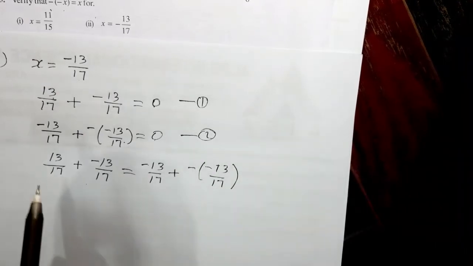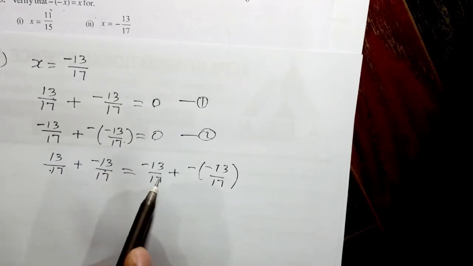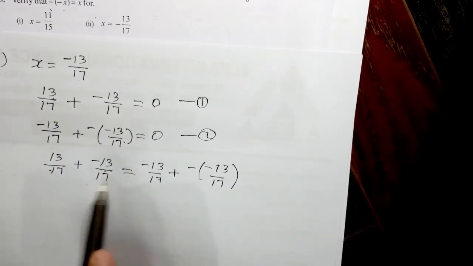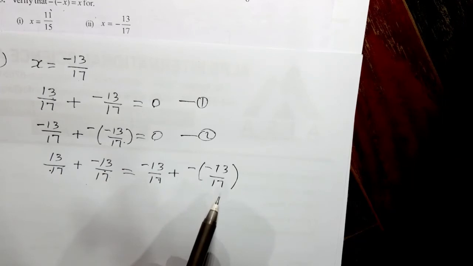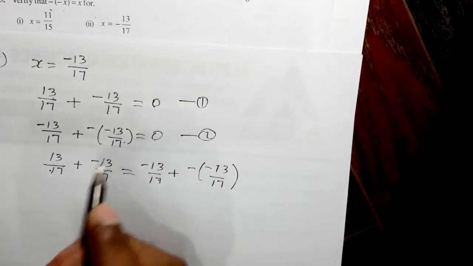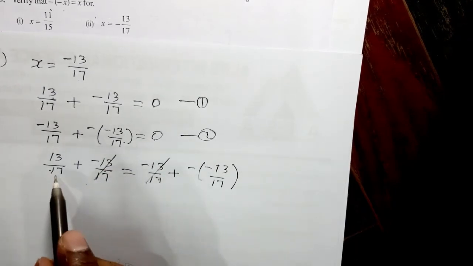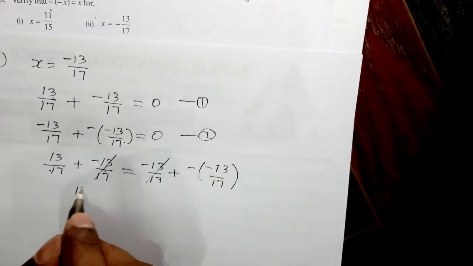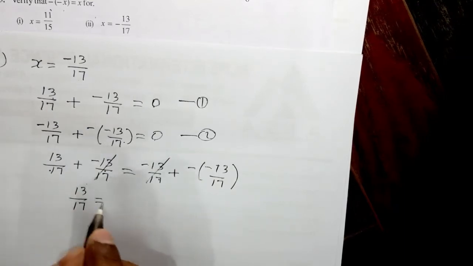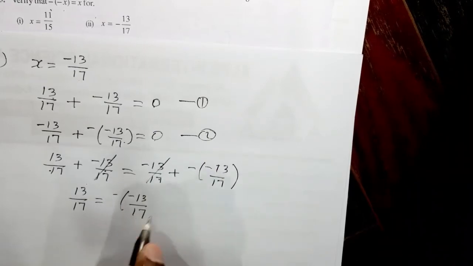Now you can observe that here 13 by 17, here minus 13 by 17, here also minus 13 by 17. This is the left side of the equation, this is the right side. In an equation, if the same terms are added on the left and right side, we can cancel them. Don't cancel this with anyone, this is different. So we can write 13 by 17 is equal to minus of minus 13 by 17. So we can write that x is equal to minus of minus x.